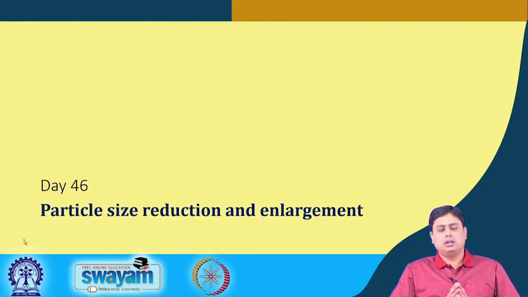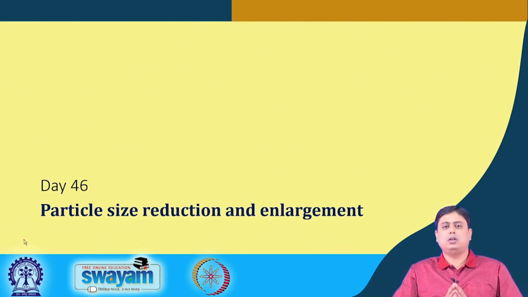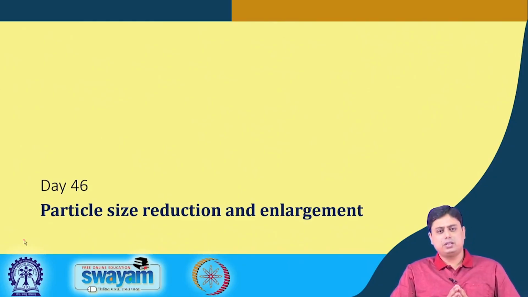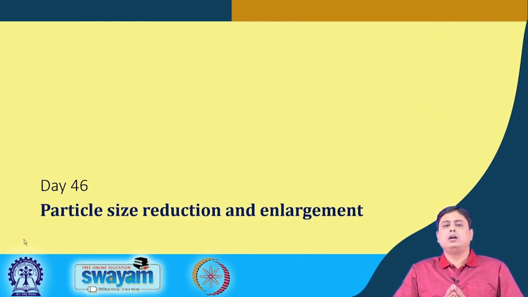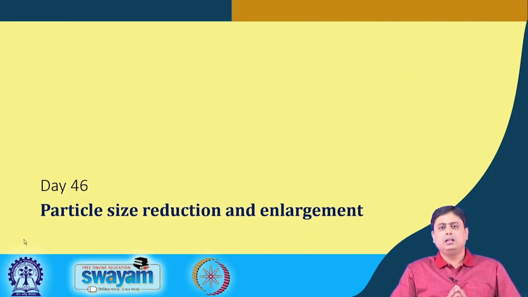Based on how they are derived, we have seen these laws' applicability. We have summarized that Rittinger's law is useful when there is a dominant portion of surface area creation. Kick's law is for coarser grinding or coarser crushing, and Rittinger's law, on the contrary, was used for ultrafine particles.